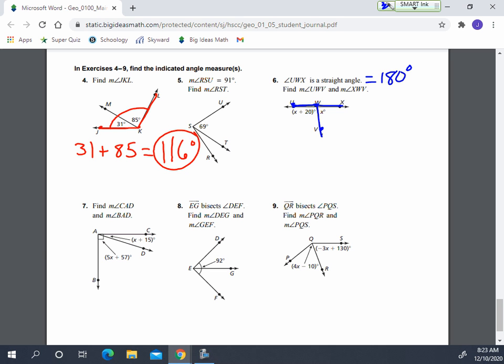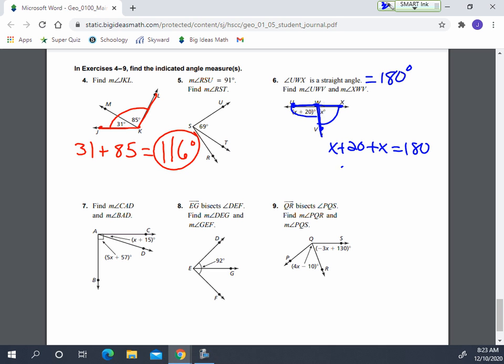And XWV. Well, in order to do that, we have x plus 20 and x. We have to manipulate this. First we have to take what's given. We have to say x plus 20 plus x is equal to 180. Wouldn't you agree that this angle plus this angle is equal to 180?